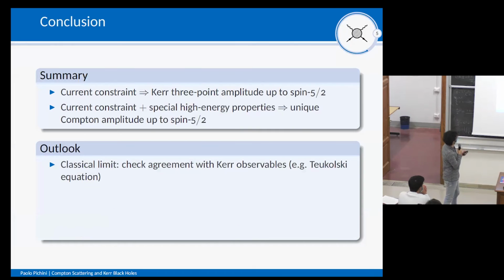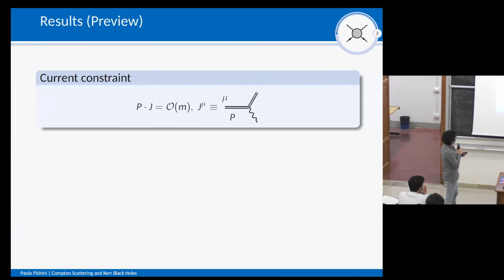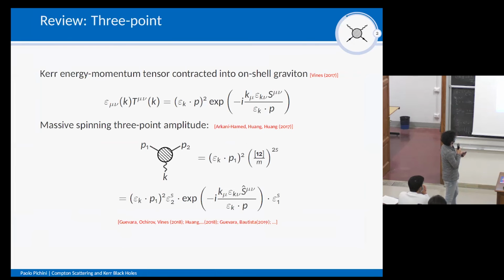Sure. Let me go back to the first slide. Yes, this one here. So why are Kerr black holes in any way related to fundamental particles? That's the question. There's no complete understanding of why it's the case.